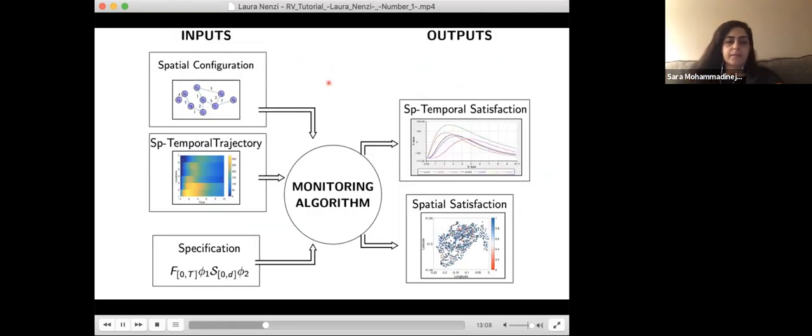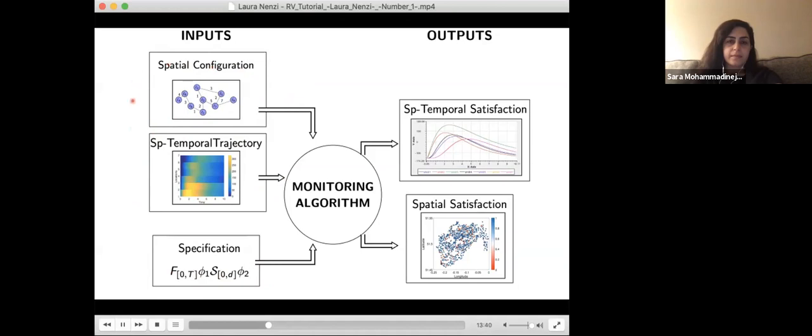What we will see with our spatio-temporal logic is that we have to add some spatial operators to the logic, and furthermore, instead of having just a temporal trajectory, that is a set of temporal signals, we will have a spatio-temporal trajectory. So we have to add also the space, and furthermore, we have to see how this space is shaped.